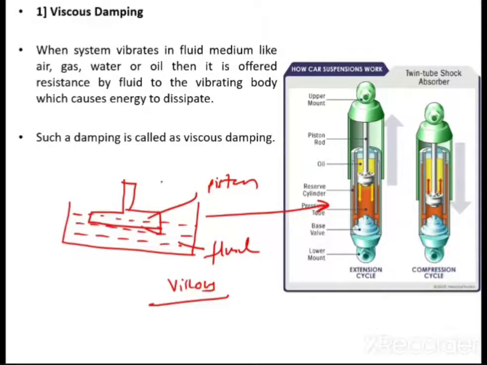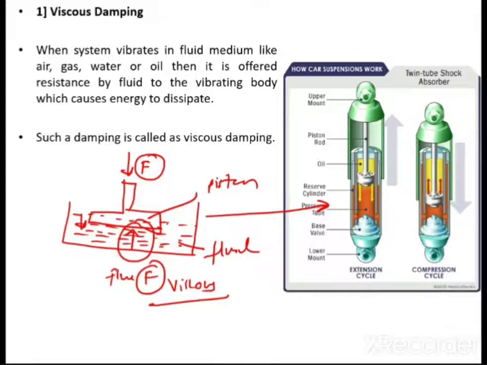Now let us say you apply a force on the piston. When you apply the force, the piston will try to move in a downward direction against the fluid force. This fluid force acts upward, against the downward motion of the piston.